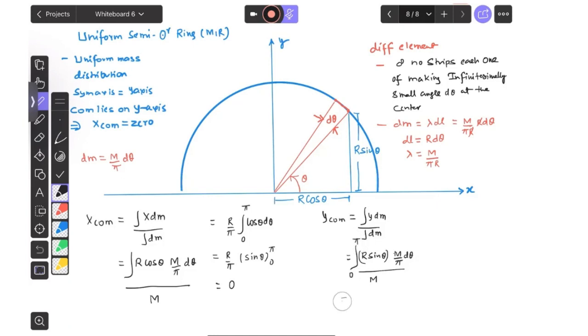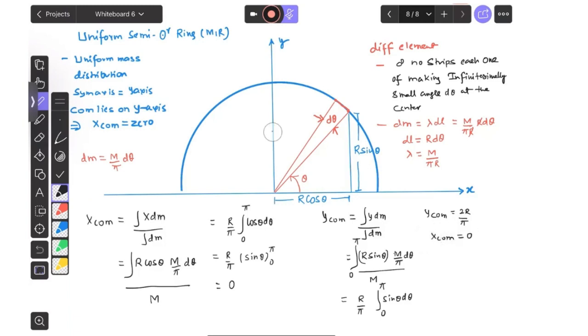If I integrate, you will have r by pi integral of sin theta d theta from 0 to pi. If you do it, you will get that it is equal to 2. You check that on your own. So ycm will come 2r by pi, and xcm is going to be equal to 0.